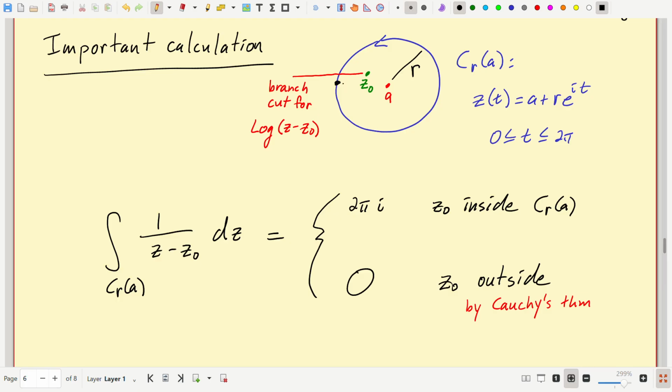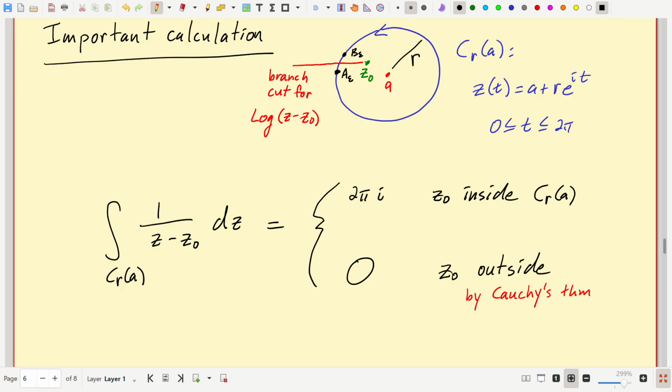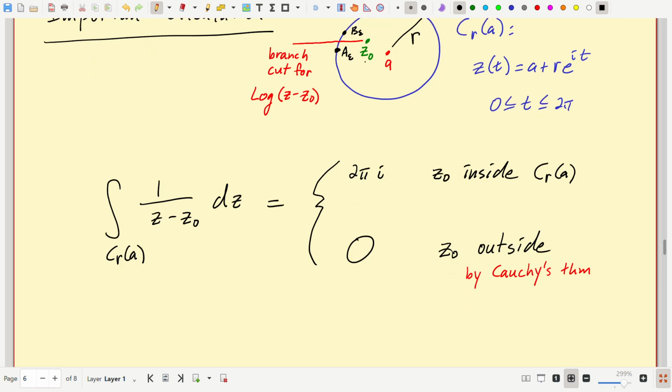So let's call this A sub epsilon, and this B sub epsilon. And I'm going to let those epsilons slide into that. I'm going to let this one slide up, and this one slide down to the cut.